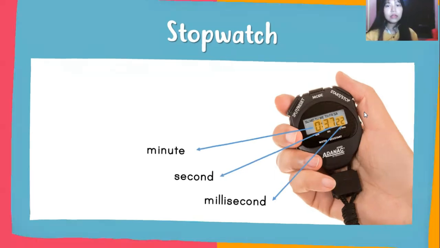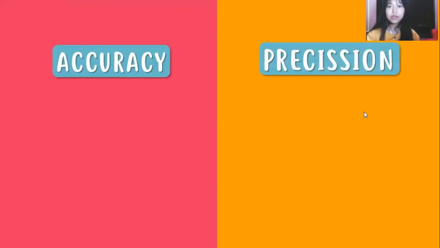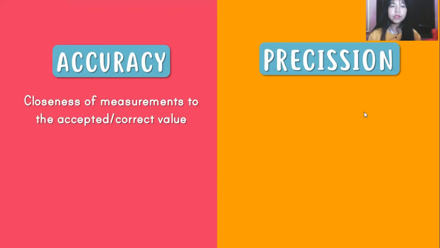Now, in getting the data of measurement and using the equipment, we need to consider two things. The first one is accuracy and the second one is precision. What are the accuracy and precision? Accuracy is the closeness of measurements to the accepted or correct value.